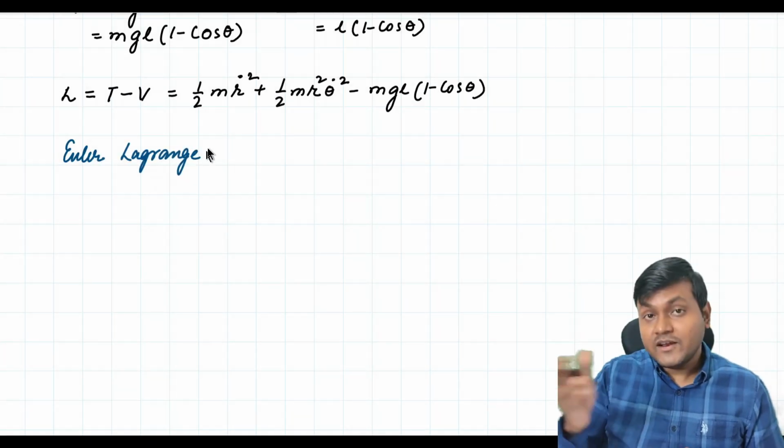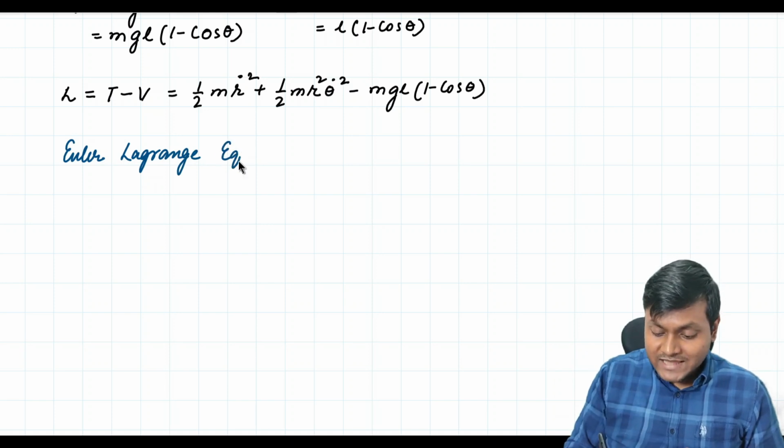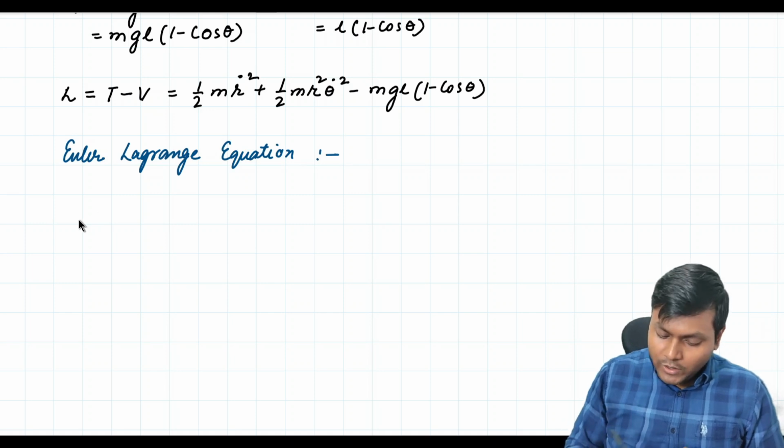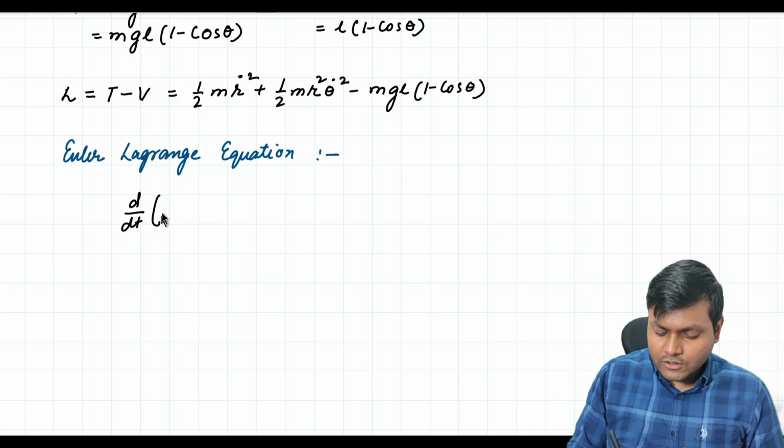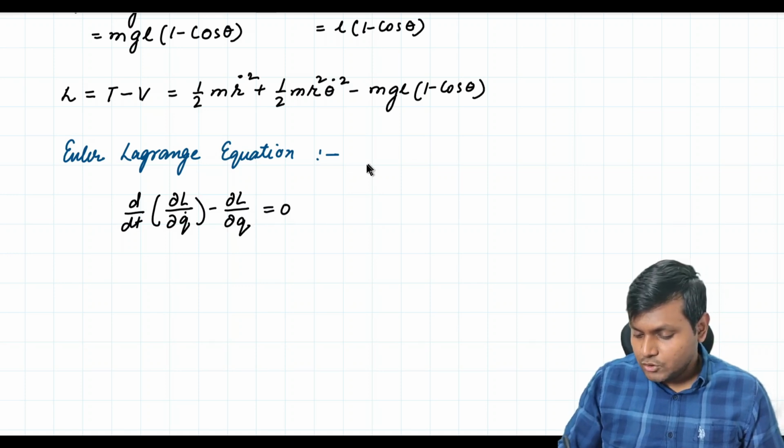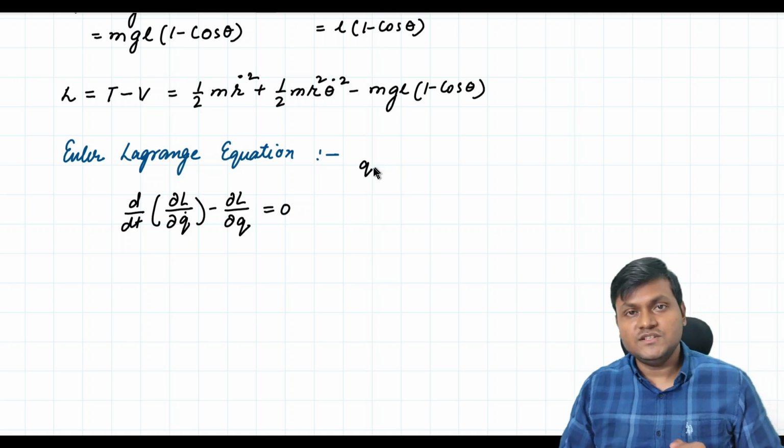When we plug the Lagrangian into the Euler-Lagrange equation, that is when we obtain what is known as the equation of motion. So the Euler-Lagrange equation is written in this manner: d upon dt of del L upon del Q dot minus del L upon del Q is equal to 0, where Q is supposed to be the generalized coordinate.